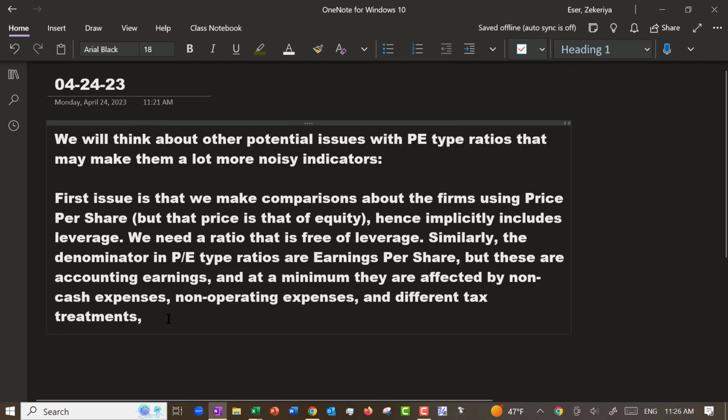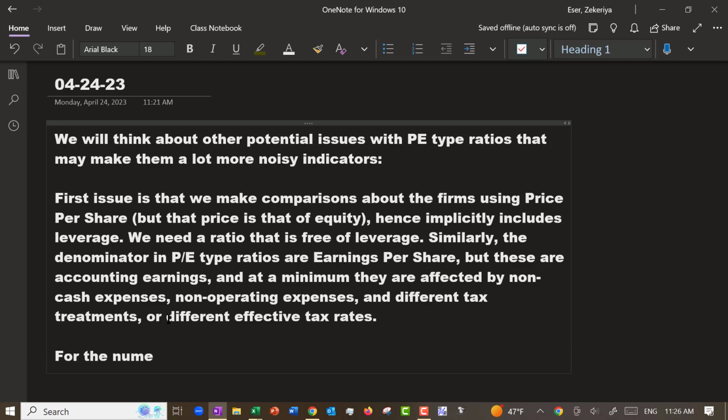Or different effective tax rates. So if you really want to make an apples to apples comparison in terms of kind of the core of the businesses, we need something like that.